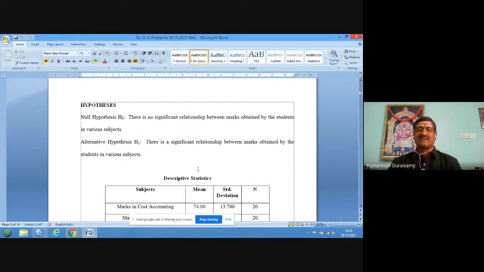So here we are testing the dependence, testing the relationship, so nothing is wrong in writing the hypothesis for this. So I have written the hypothesis: there is no relationship between marks obtained by the students in various subjects. Okay. Now we will go to the analytical part.